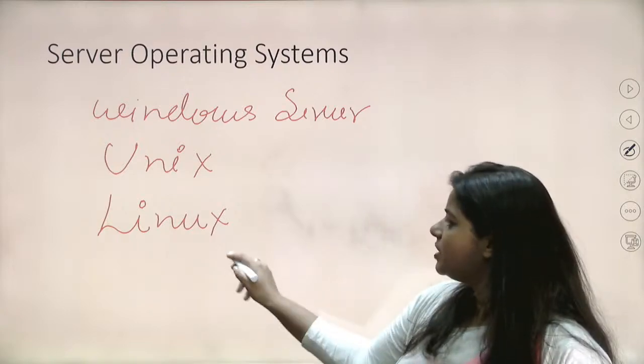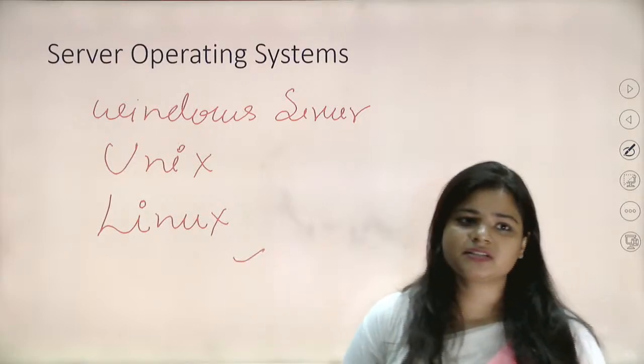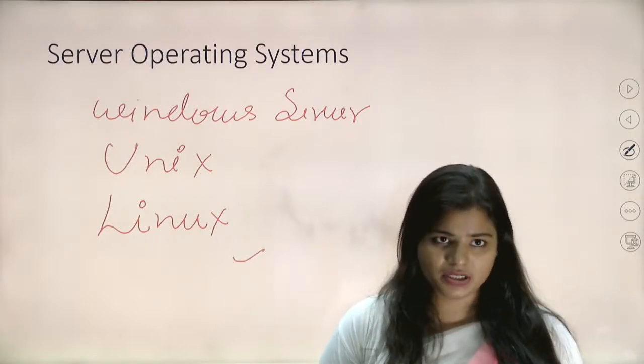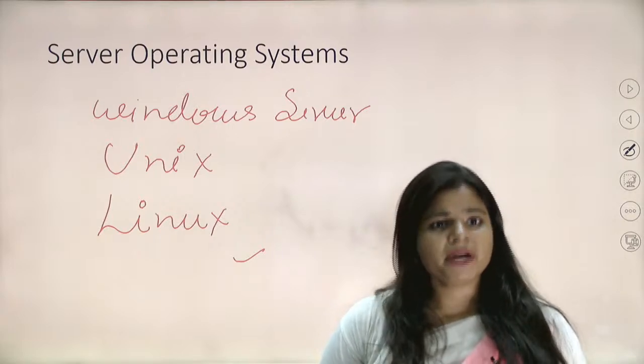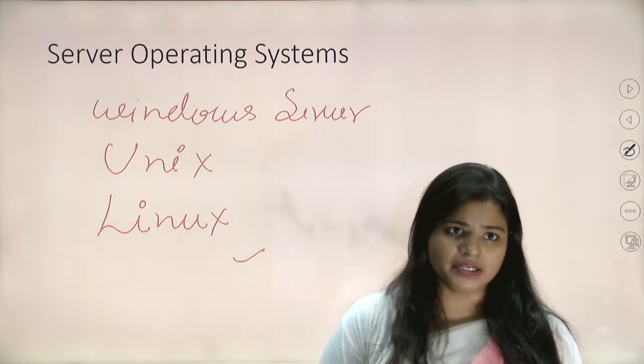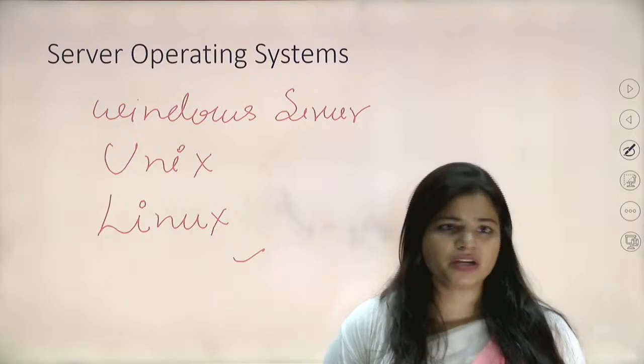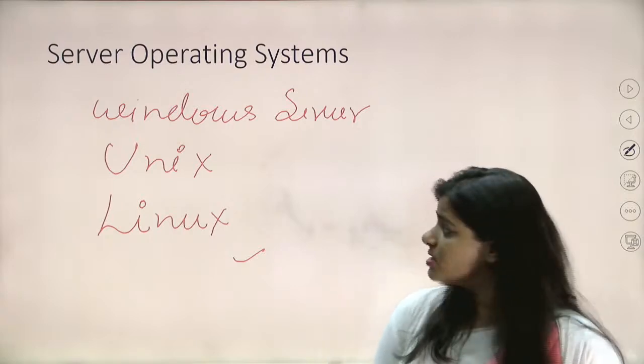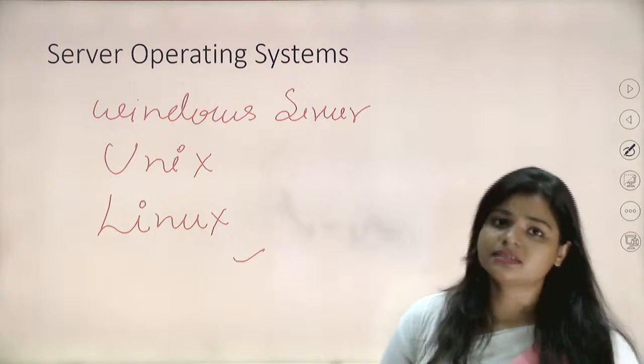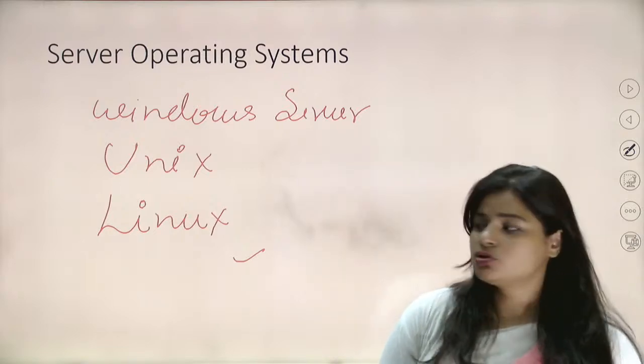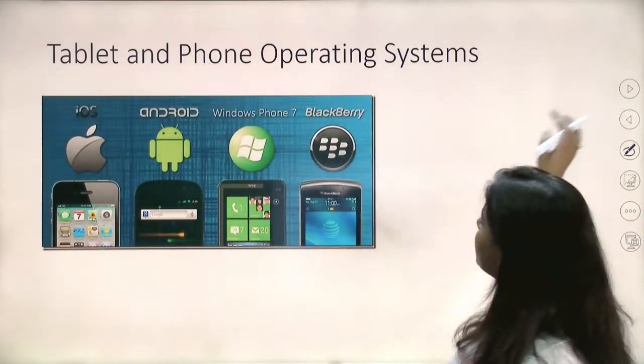Next we have Linux. First of all, Linux is free and customizable. Many services and many utilities are available in Linux. So this is all about the server operating system and their categories. Let's move forward to the next topic.